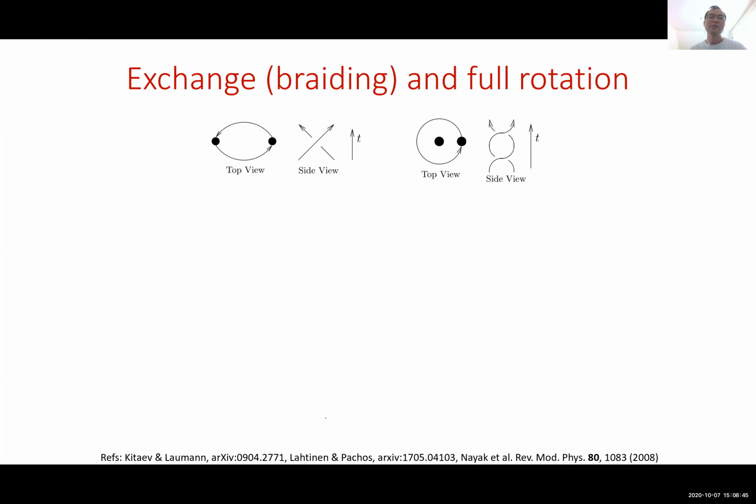And we talk about braiding. This case is just exchange. So exchange the two particles. This is the top view, but if you look from the side view, you have this triangle up. You see this. So if you do that and this, you will see that as this right-hand side.